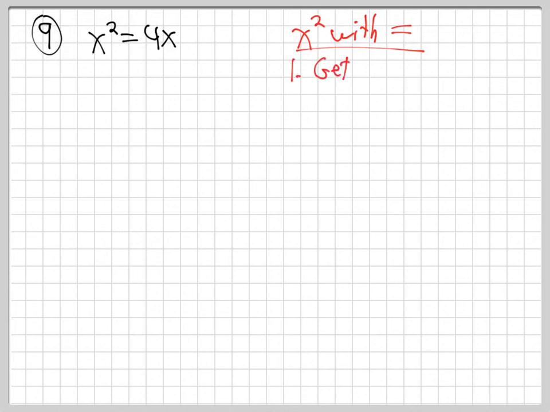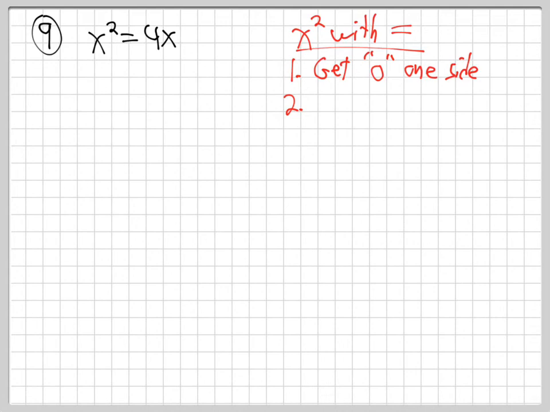So number 9. X squared is 4x. Okay, things are going to change here. Let me give you some instructions. If you have x squared with an equal sign, how do you solve problems like that? Step number 1. Get a 0 on one side.